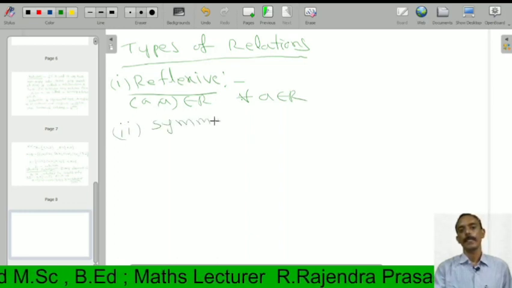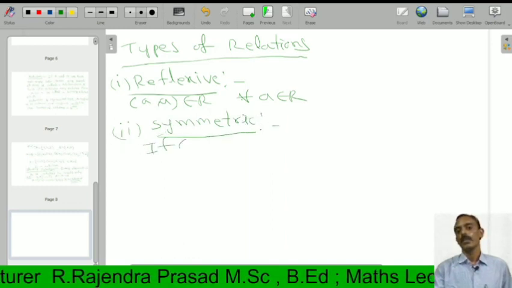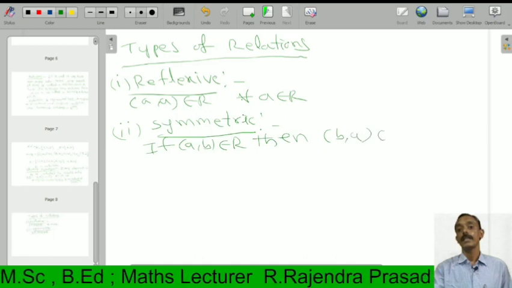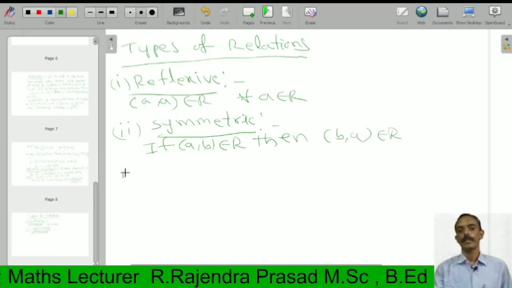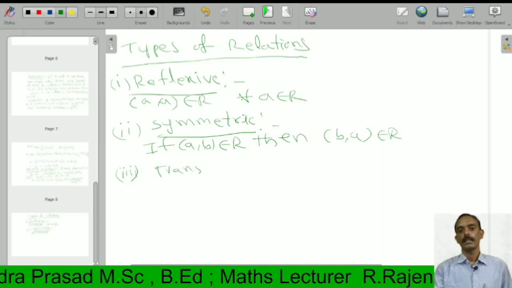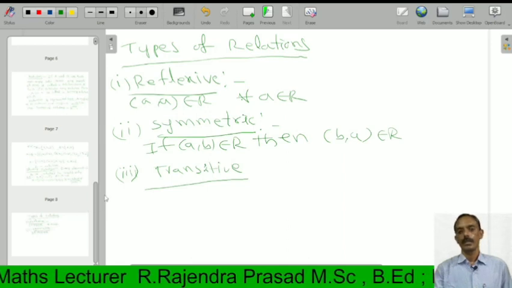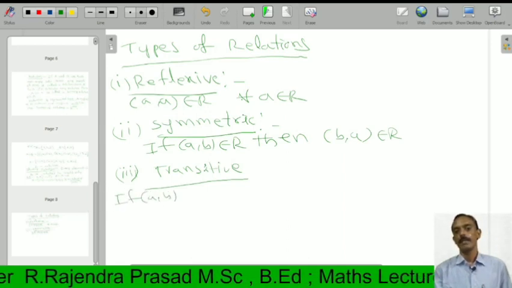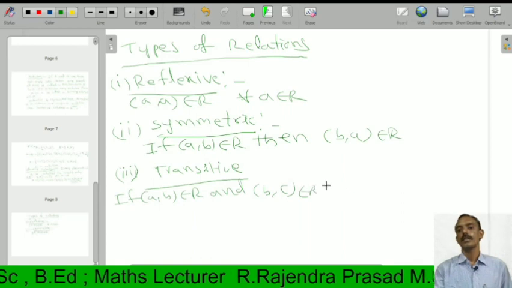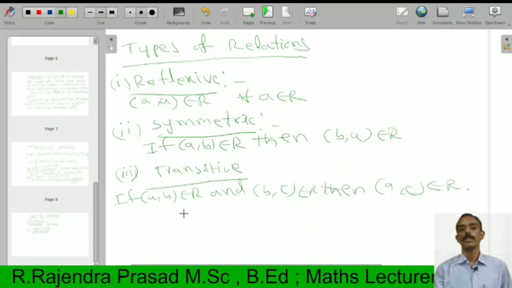Symmetric: if (a, b) belongs to R, then (b, a) belongs to R. Third one, transitive: if (a, b) belongs to R and (b, c) belongs to R, then (a, c) also belongs to R. This is transitive.